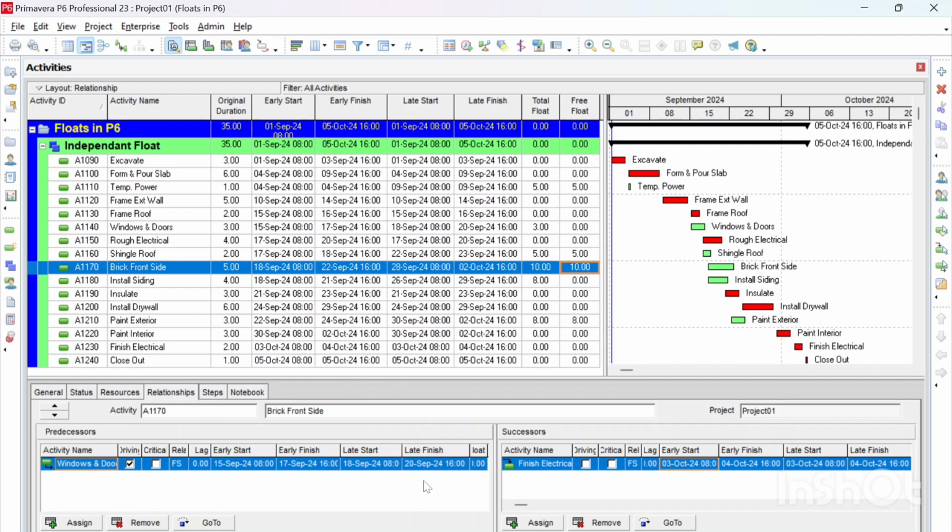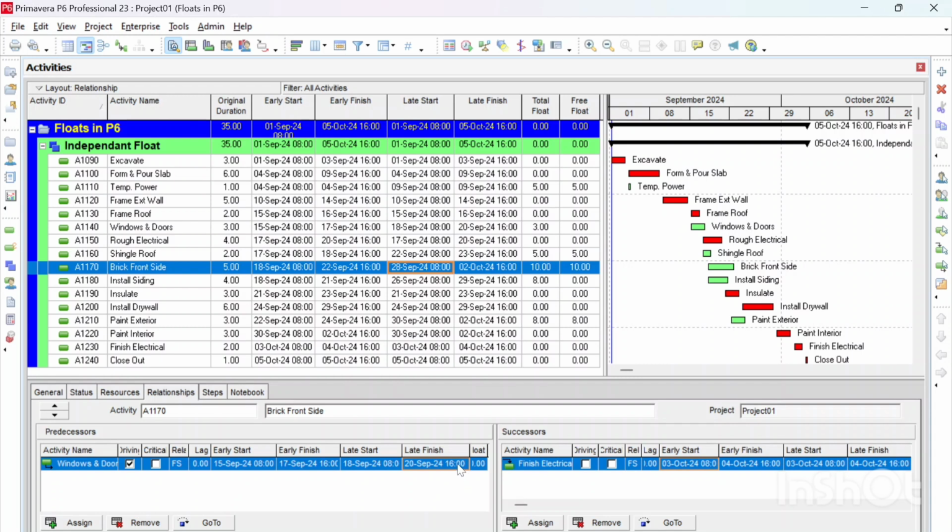So we will look at the latest finish, which is September 20th, and we have a late start of September 28th. So from September 20 to September 28, we have 7 days, and they are 7 days, not 8, because you can see here that September 20 is at 4 p.m.